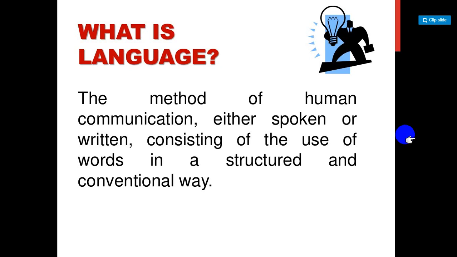Humans use language to communicate with each other, whether through spoken or written medium. And in the language, you have many components like words, like structures, morphology, yes, many things there.